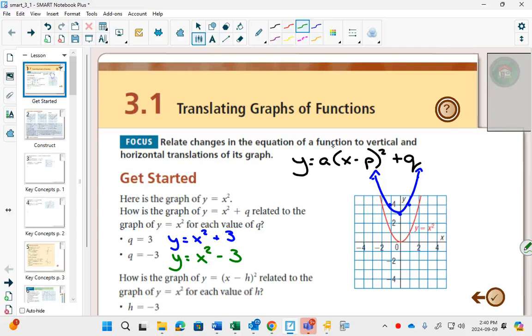If you used grade 11 math, your vertex would be at 0, negative 3. Over 1, up 1. Over 1, up 3. Over 1. Using the ideas we've learned in grade 12, this is just taking the original graph and shifting it down 3 units.